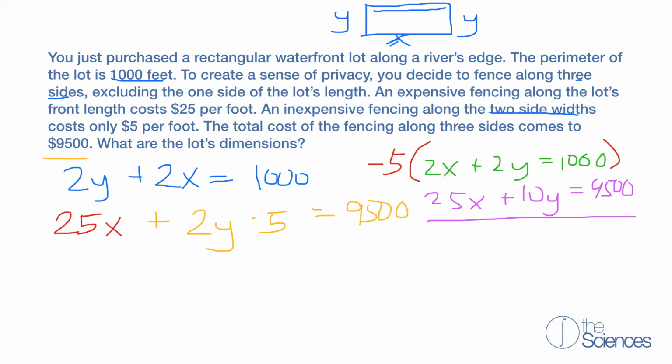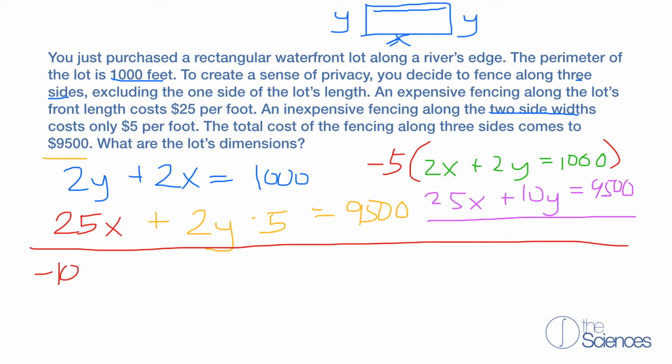So when we do that, we get negative 5 times 2x is negative 10x plus negative 5 times 2y is negative 10y equals negative 5 times 1,000 is negative 5,000.